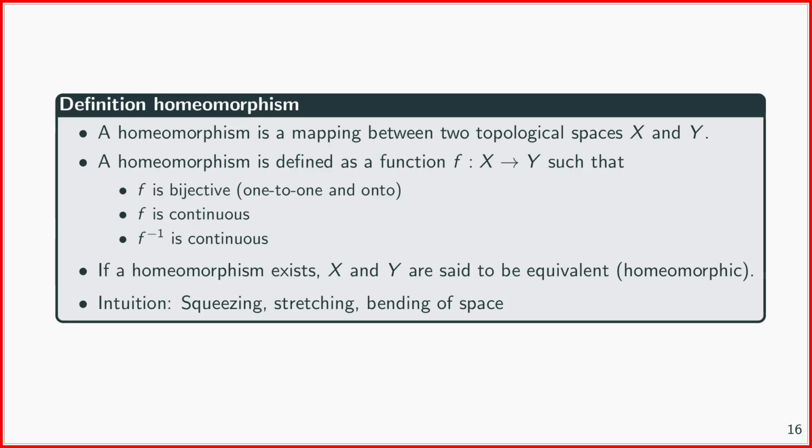And so if you can find a mapping between two spaces, then you can say that they're equivalent or homeomorphic. This is basically just a word for saying that two spaces are topologically equivalent. And the intuition of having this homeomorphism is basically that you can squeeze, stretch, or bend the space, but it still remains equivalent under topological considerations.